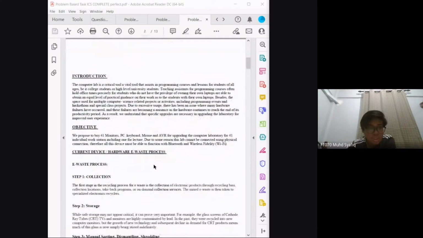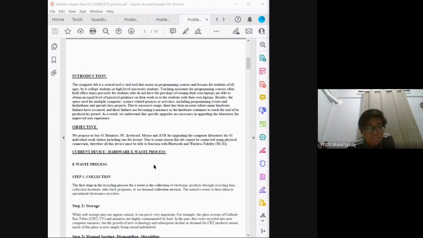So first is introduction. The computer lab is a critical, vital tool that assists in programming courses and lessons for students of all ages, be it college students or high-level university students.